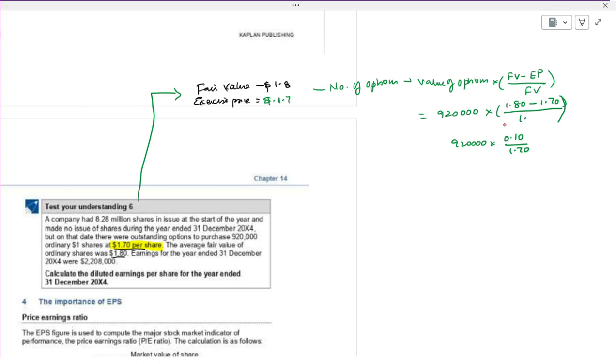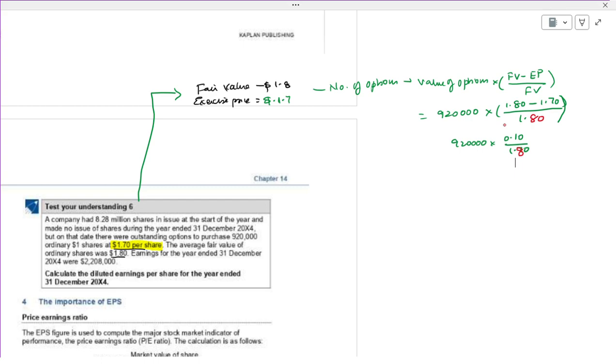Why did I get this? I made one mistake. Here the fair value is 1.8. I have written 1.7 mistakenly. So 0.1 divided by 1.8.